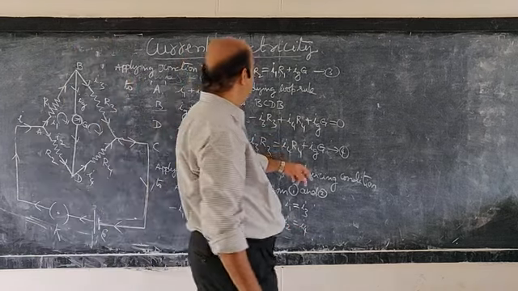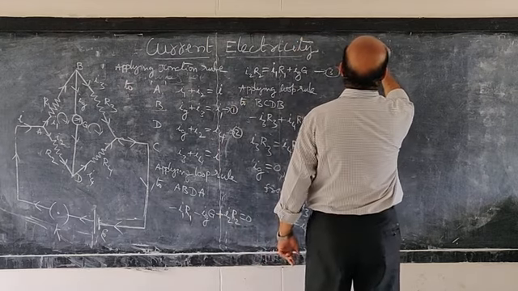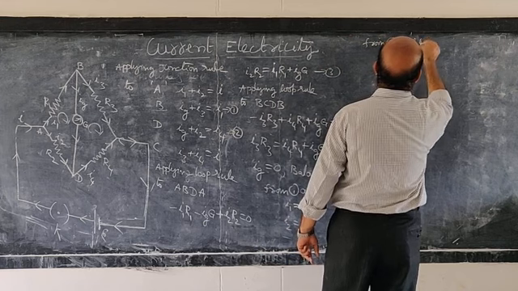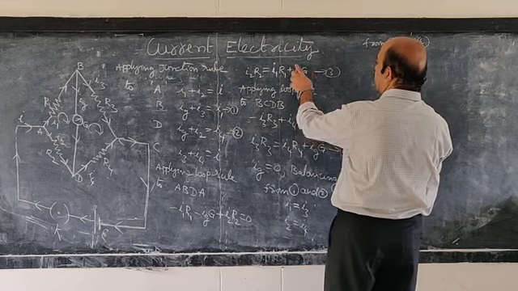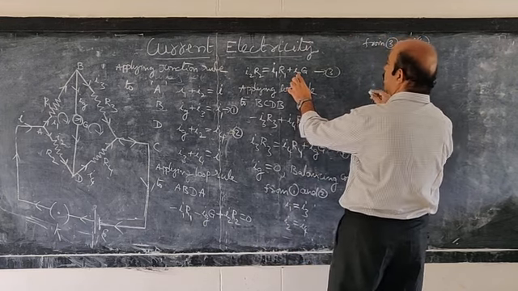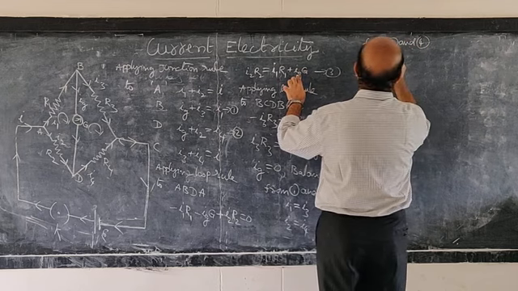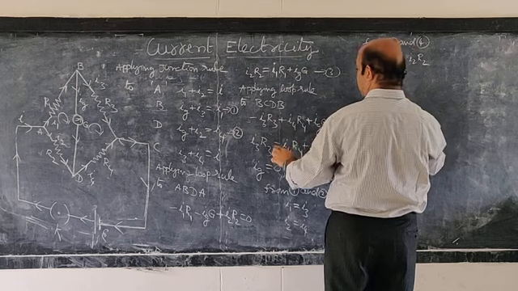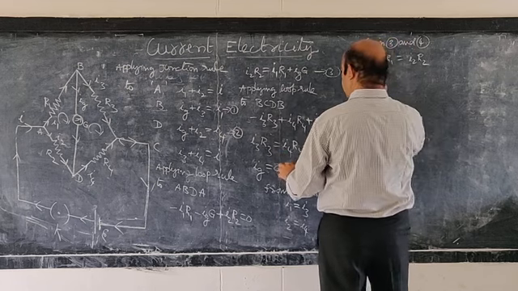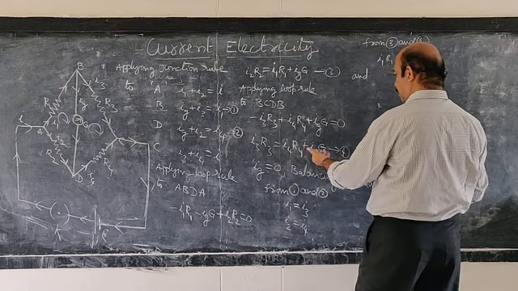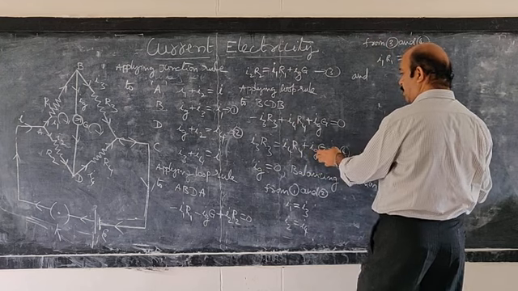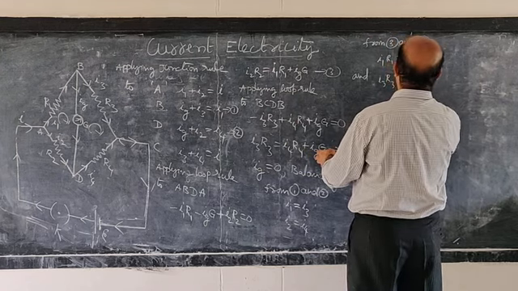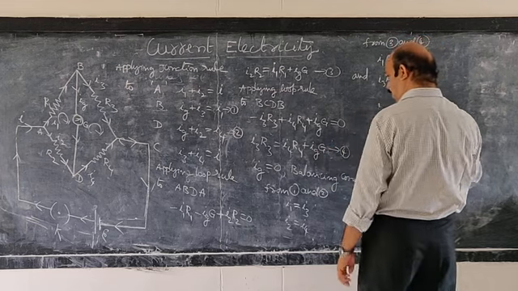Similarly, see equations 3 and 4. In 3, this term becomes 0 because IG is 0. Therefore, I1 R1 is equal to I2 R2. And here IG is 0, therefore this term is 0: I3 R3 is equal to I4 R4.